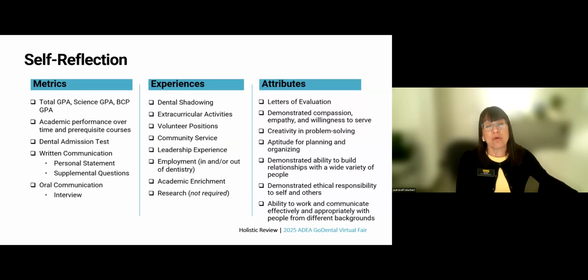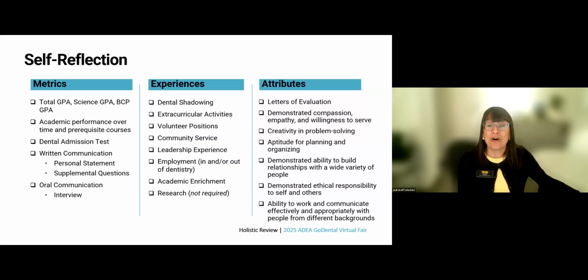Oftentimes, letters or evaluators will share those attributes that will make you a strong applicant. Admissions committees are looking for demonstrated compassion, empathy, and a willingness to serve, creativity and problem solving, and also aptitude for planning and organizing.